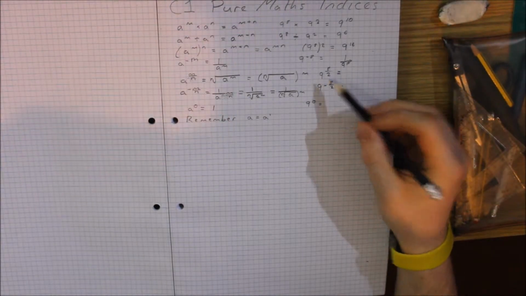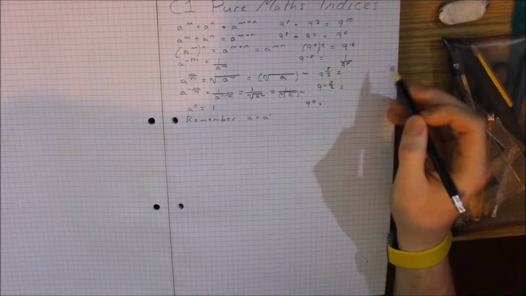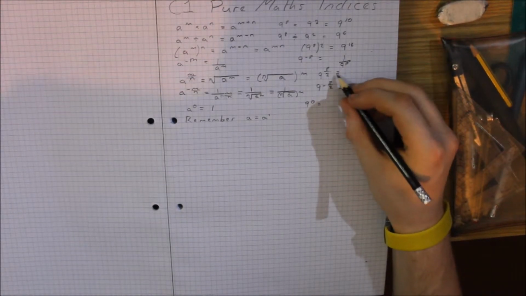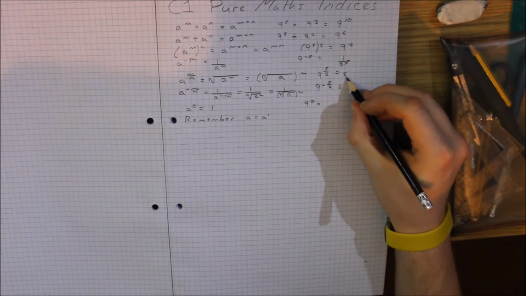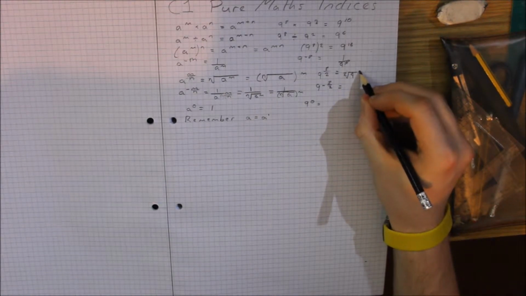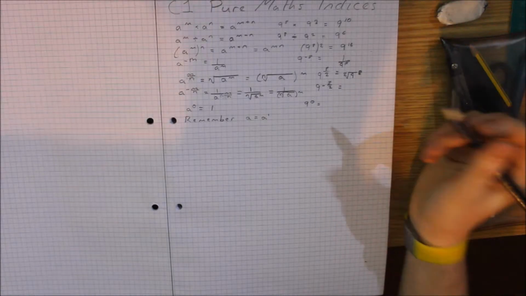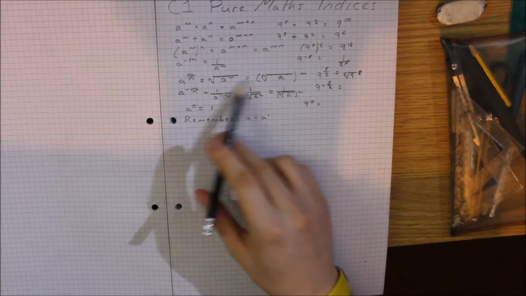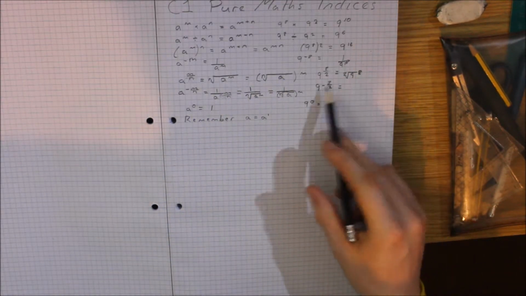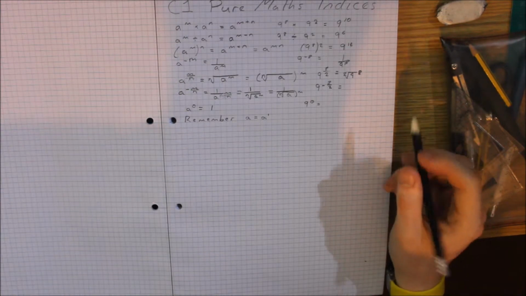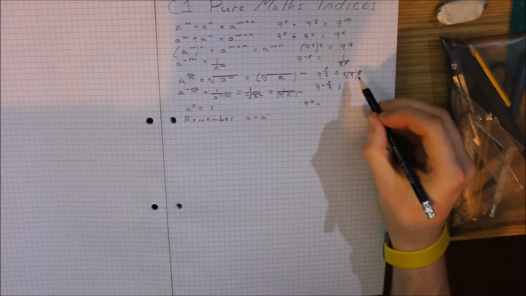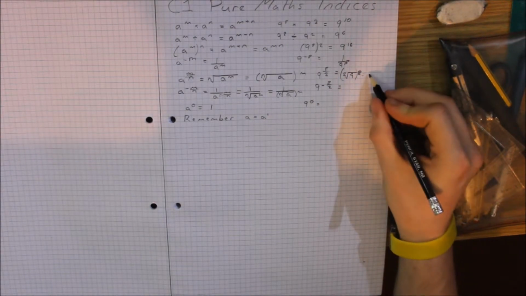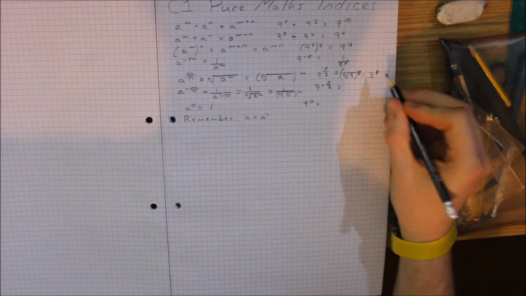Taking our example, 9 to the power of 8 over 2, we could rewrite this as the 2nd root of 9 to the power of 8. There's either way of writing this: you could do the powers first or the root first. In this case I'll do the root first. The square root of 9 is 3, so it's 3 to the power of 8.